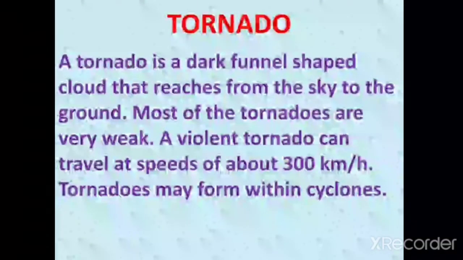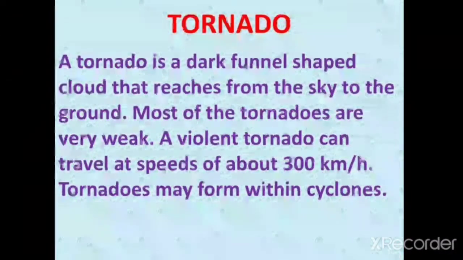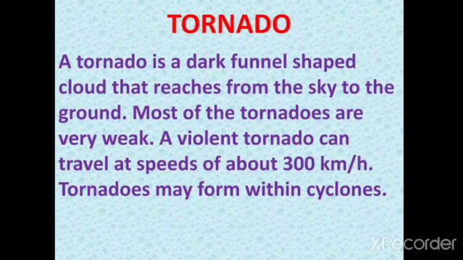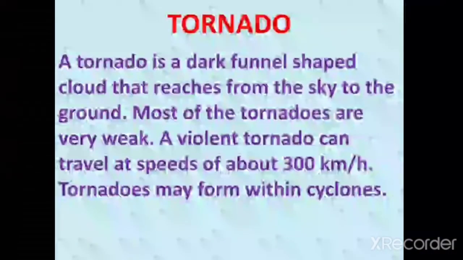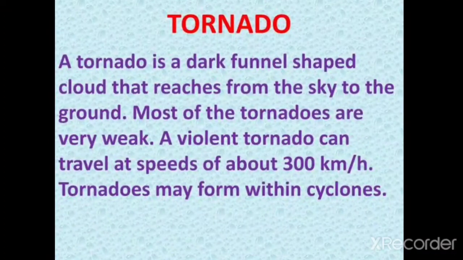But along with this, it consists of strong blowing winds having a speed of 300 or more kilometers per hour. Along with that, heavy thunderstorm effect is there, lightning is there, thunder sound is there, and huge wind speed is there. So this combination forming on the ground is termed as a tornado.